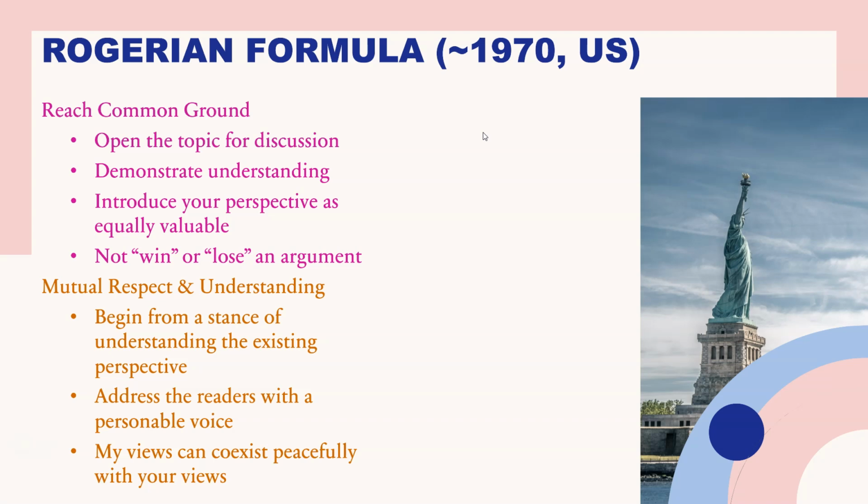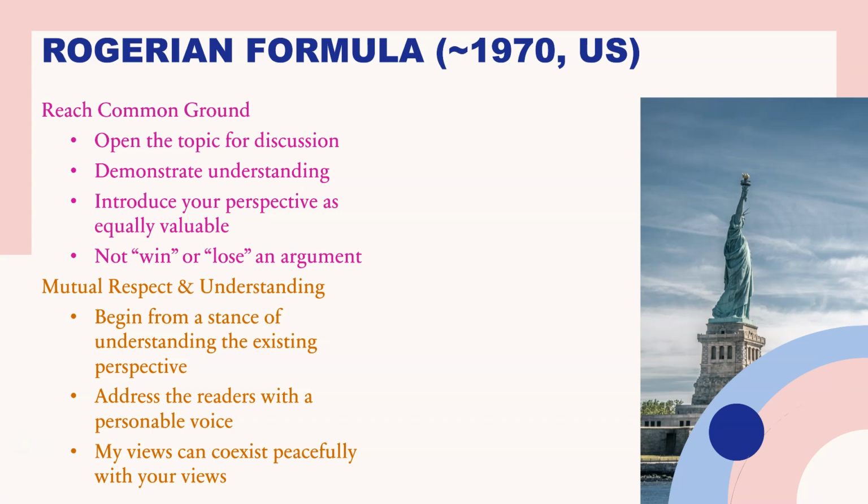Some of the common characteristics are a mutual respect and understanding. So the rhetorical context is that relationship with your audience. In the Aristotelian and the Toulmin Formula, your relationship with the audience is that you are here to tell them why you are right. In the Rogerian Formula, you're here to join with them in this discussion and add a perspective from your own point of view.